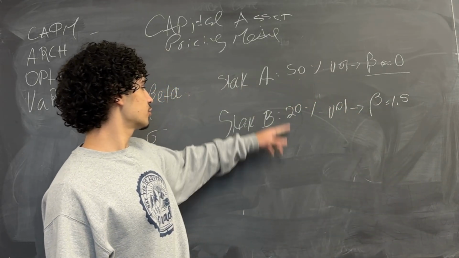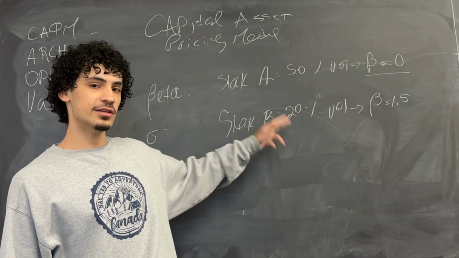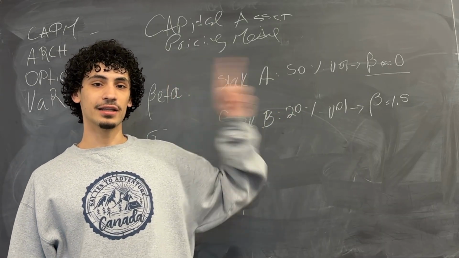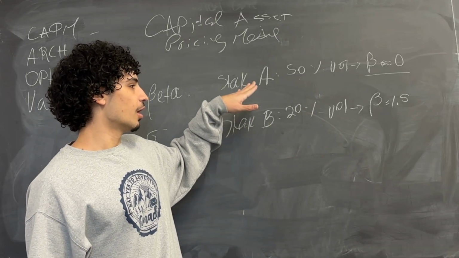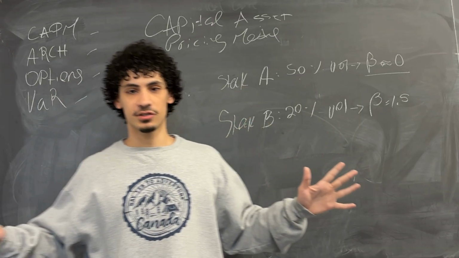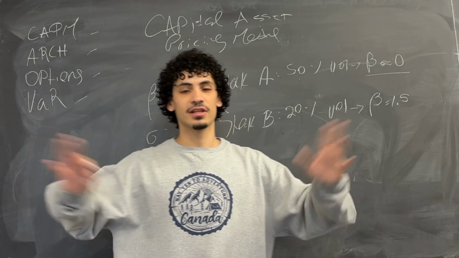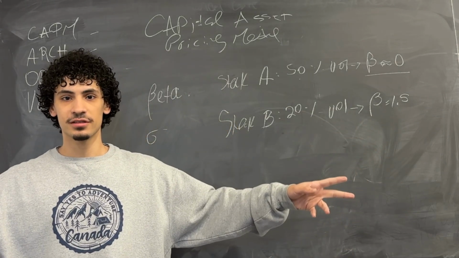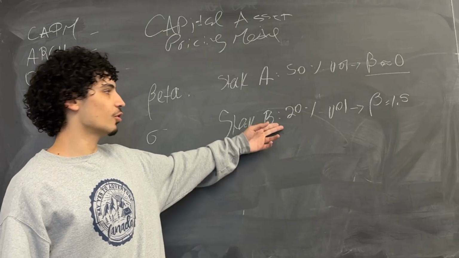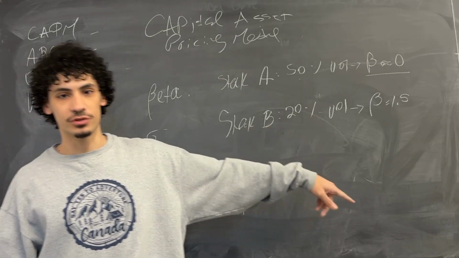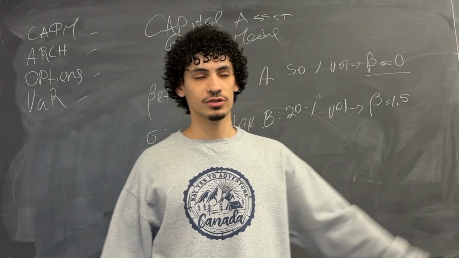What we can say about stock B is the way that it's moving is aligned with the market and more. So if the market as a whole experiences a 10% increase in value, this stock is going to experience a 15% increase in its value.